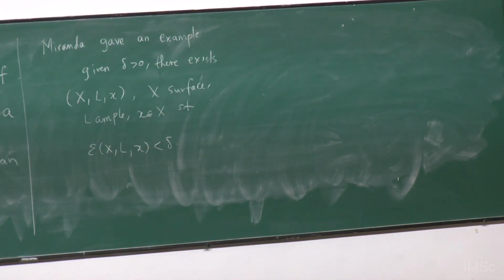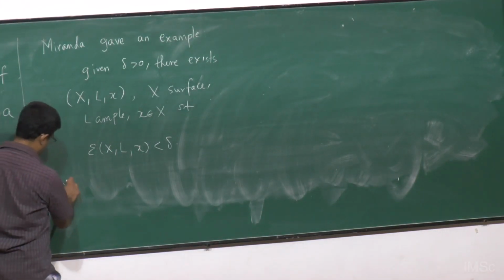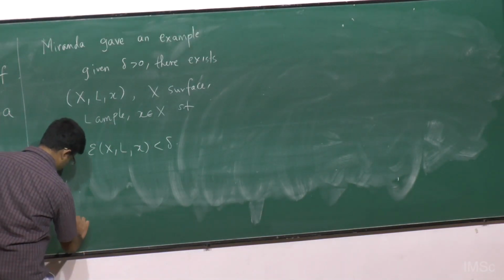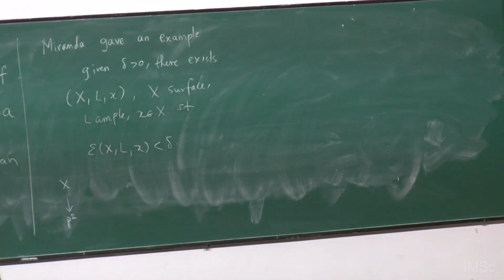So they can be arbitrarily small while never being zero. Of course, given a delta, he constructs a surface. And this in fact is a rational surface. The way he constructs it is by a blow up of P2.